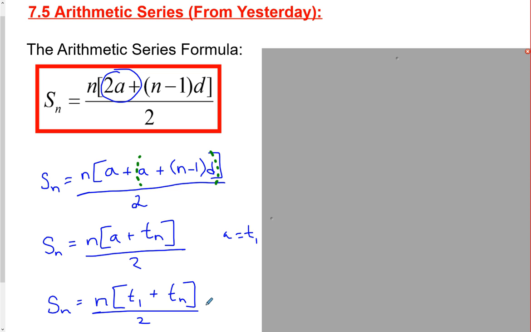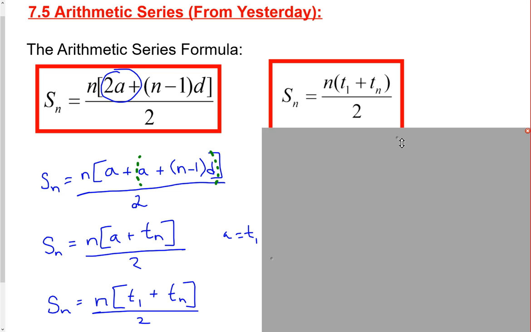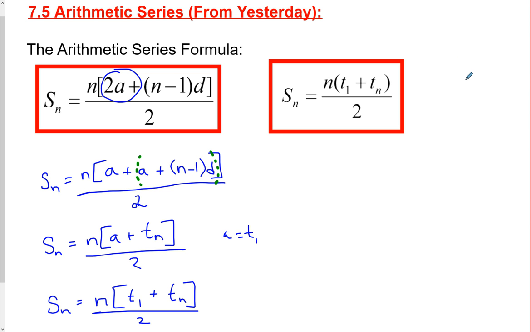over 2. And so what I've actually done over here, hiding on the right-hand side, is that formula written in a nice red box. Now, you wrote down yesterday a version of this, but there would have been an A where the T1 was.